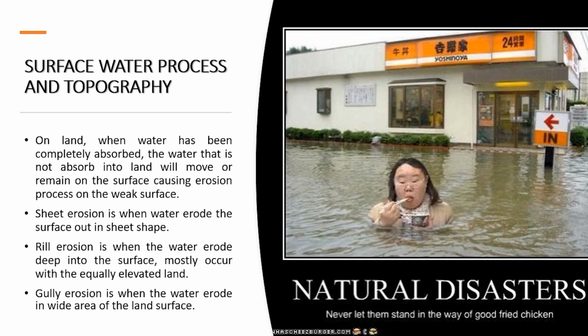So just think that the water travels from the high area to the lower area, and that must cause some kind of change in topography or terrain. What are those terrains? I will give you a little more time, and when you finish listing, we will move to examples of these changes in topography by the surface water process.